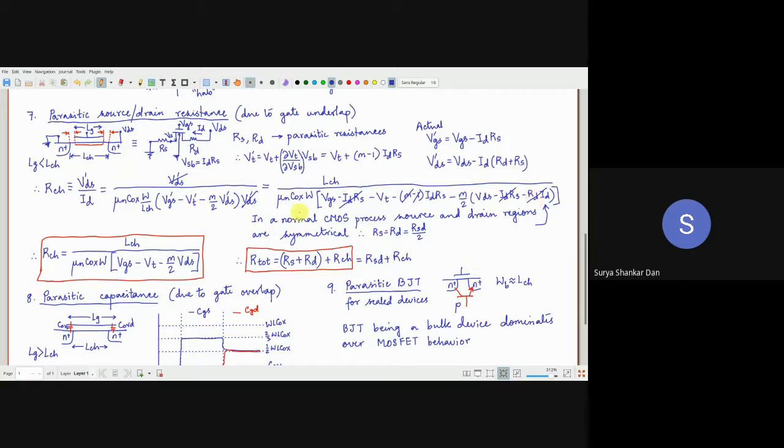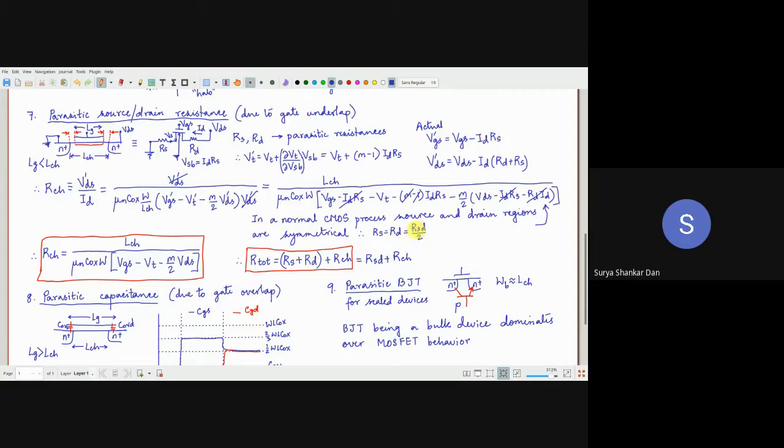Incidentally, if you are using a normal CMOS process, unless you are specifically going for a gate overlap structure or some special engineering or niche applications, usually the source and the drain regions are symmetrical. What is the meaning of symmetrical source and drain regions? That means RS and RD will mostly be the same.